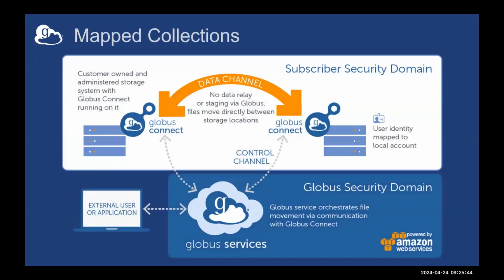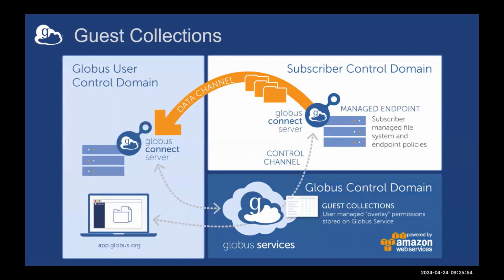The researcher view is just we do a transfer from one collection to another collection, and possibly we share by creating a guest collection. Me as the person on the mapped collection, I have access to my institutional storage.